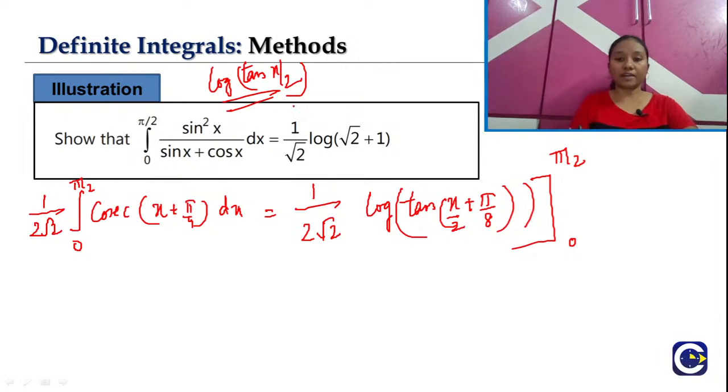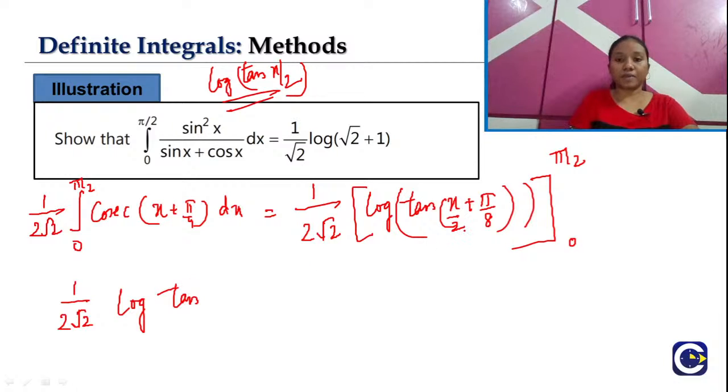So now I have substituted and simplified my integral. The next thing is, in place of x, I have to substitute pi by 2. So you can see it here, 1 by 2 root 2 log of tan of x by 2 plus pi by 8, the limits will be 0 to pi by 2. First we substitute pi by 2. Then it will be 1 by 2 root 2 log of tan.